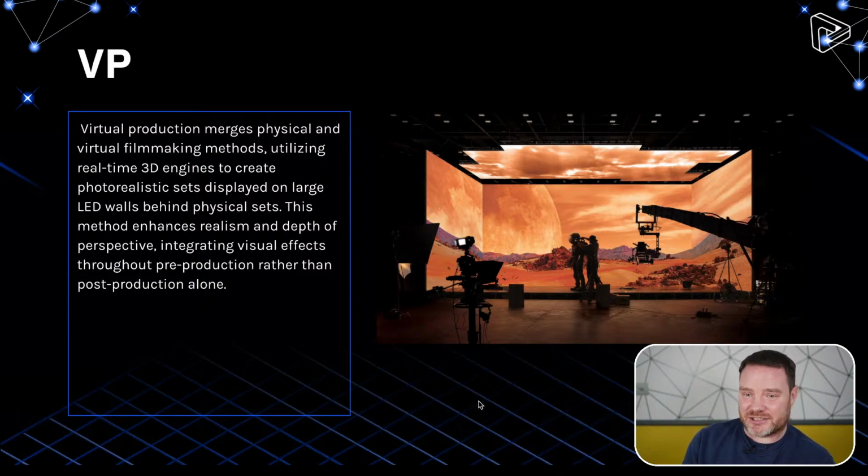So, an introduction to virtual production. What is it? If you have been hiding in a cave and not seen The Mandalorian, Disney has set a bar with virtual production, and they produced a massive video wall, which they called a volume. It wasn't a wall, it was a complete and utter volume.